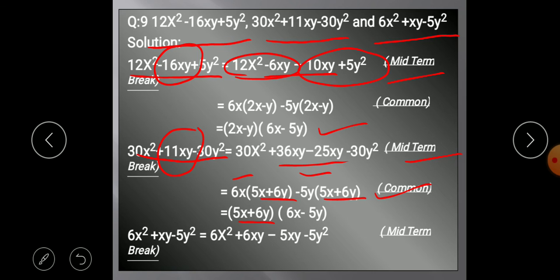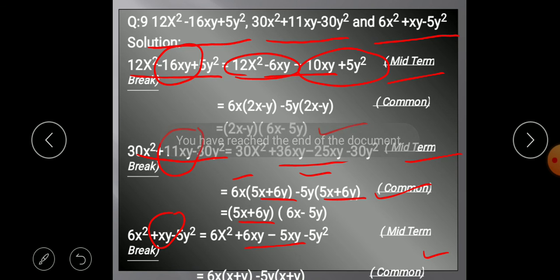Again the same middle term method will be applied here. This plus xy will be broken into 6xy minus 5xy. Then we will find the common, and after finding the common you will check which term is common. So that will be the answer.